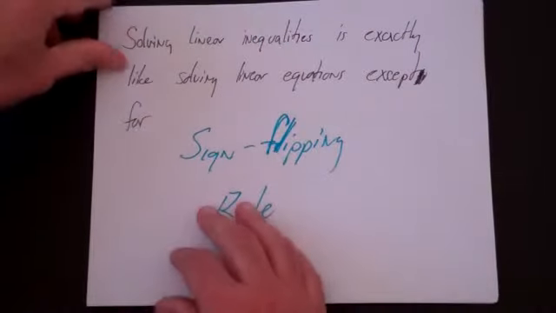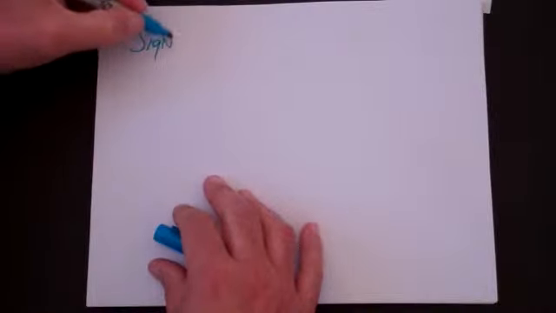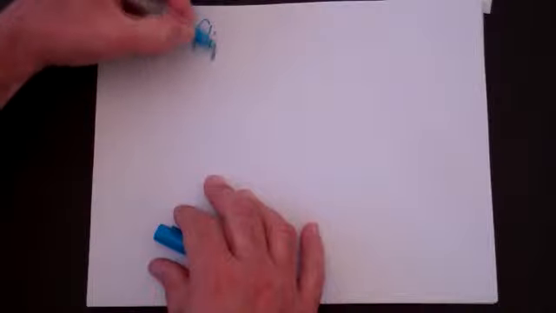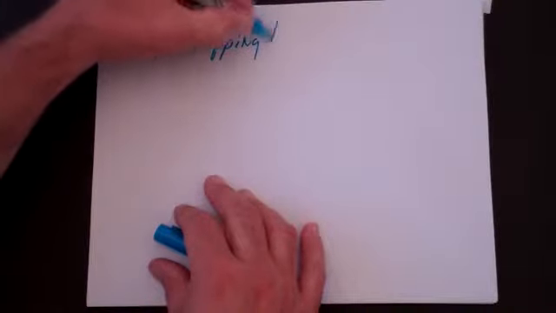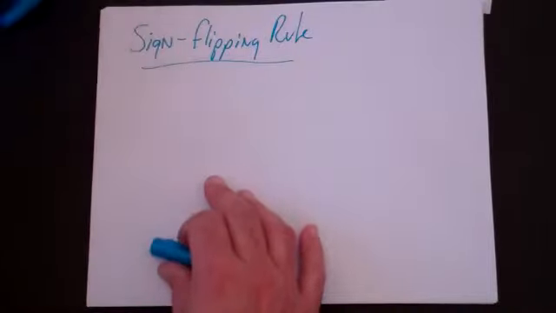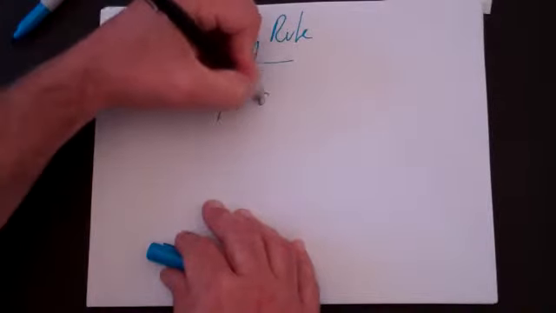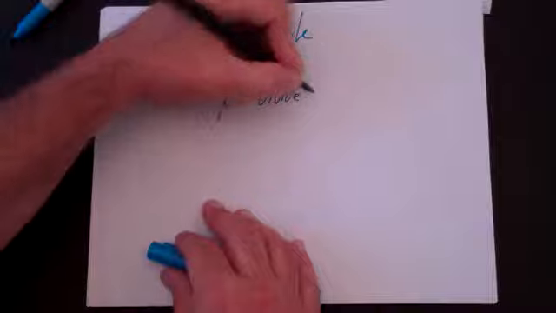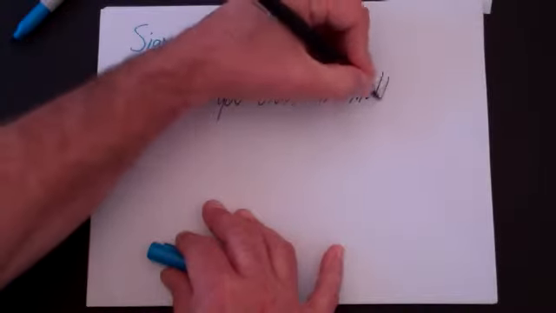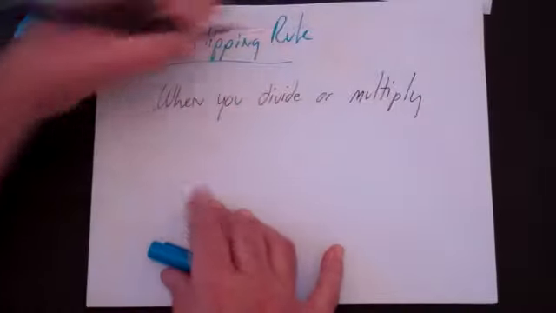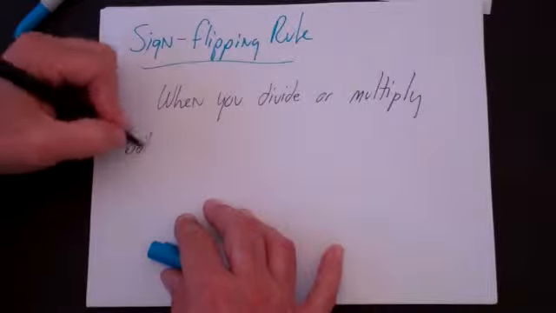The sign flipping rule simply states that when you multiply or divide by a negative, the sign flips. And the key, let's be a little more specific here, is when you divide or multiply both sides.